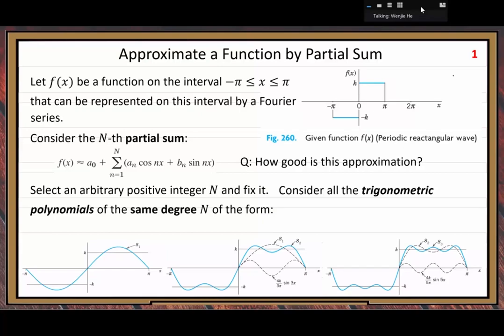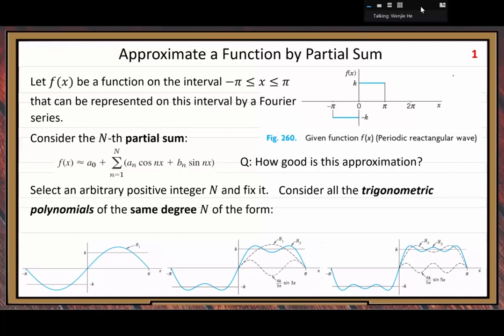When you talk about best approximation, you need to specify the general form. The general form is the nth order trigonometric polynomials, degree n.